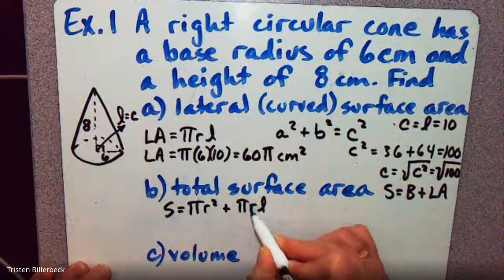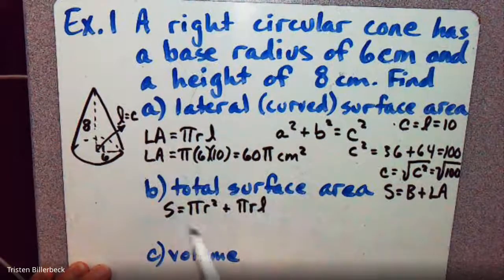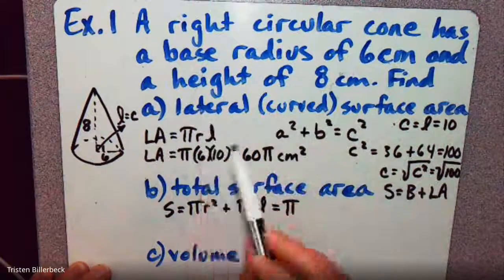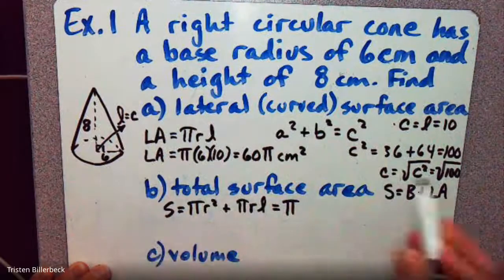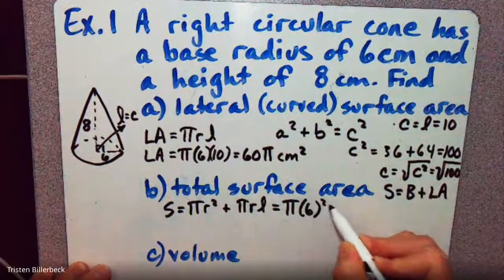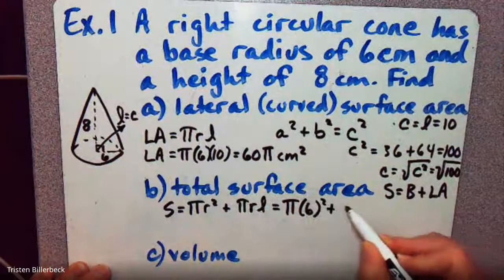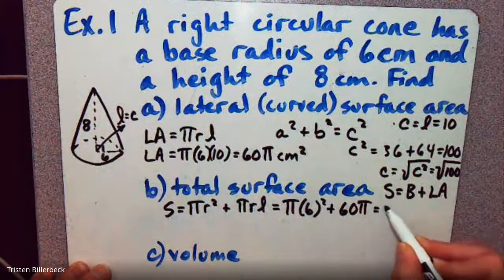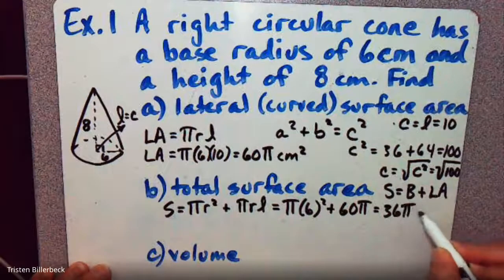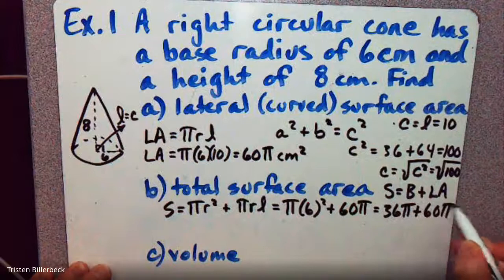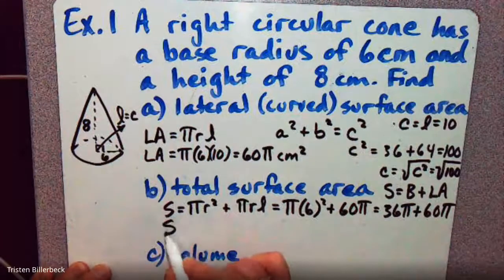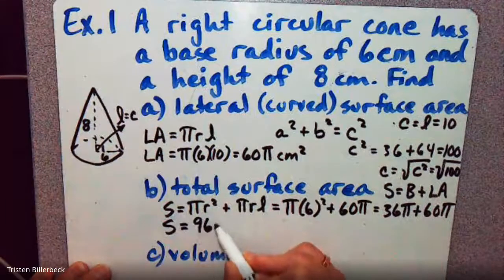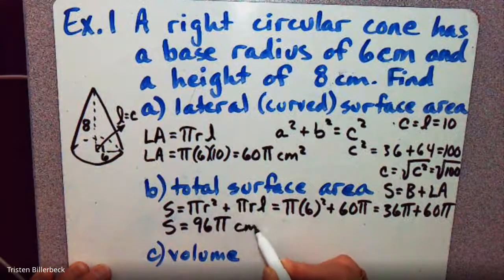We already calculated pi rl. So now we just have to do pi r squared. So pi and then radius was 6. So 6 squared plus our 60 pi. And 6 squared is 36. So we have 36 pi plus 60 pi. So our surface area then is 36 plus 60 is 96 pi centimeters squared.